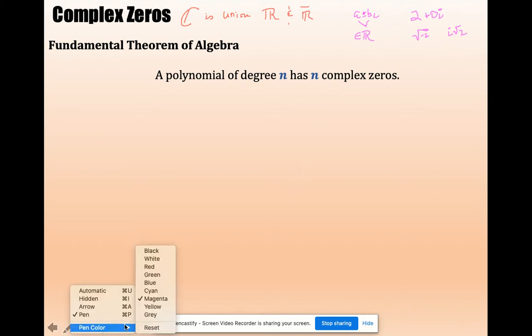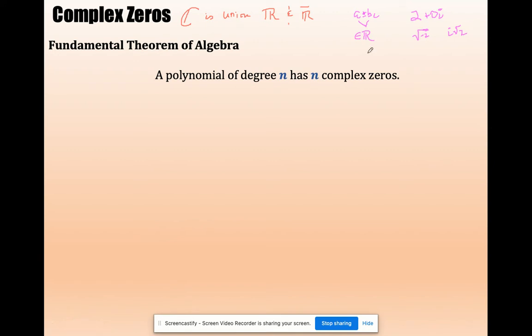Change colors here. The square root of -2 is not real. We write it like this, right? And this is not a real number, but it is a complex number because I can write it as 0 plus i root 2, right?